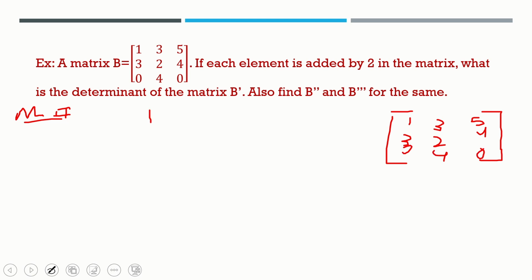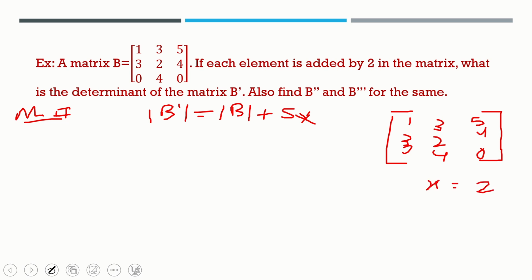If you know the formula, okay, here your x is what?